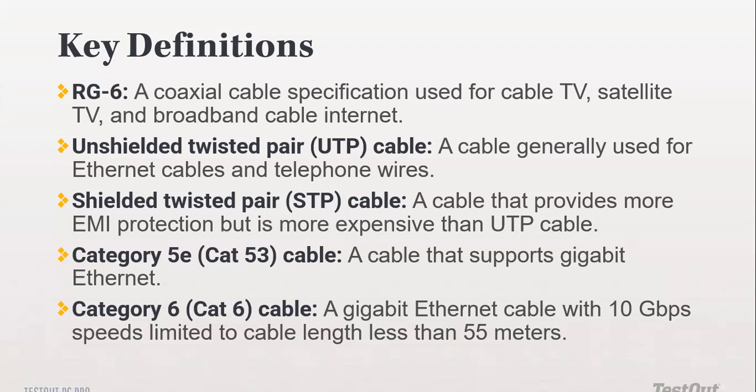Just go ahead, say it anyhow. No answer is wrong. That is, shielded pair cable provides more protection against interference, that is, network interference, while unshielded cables don't. It provides some, but not as much as shielded twisted pair cables.